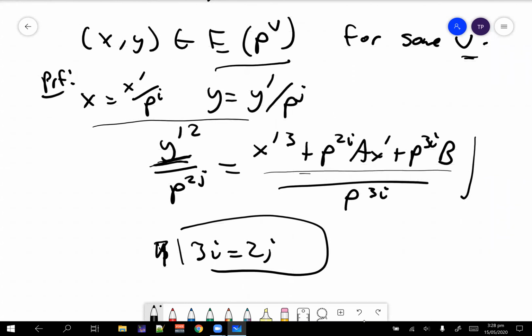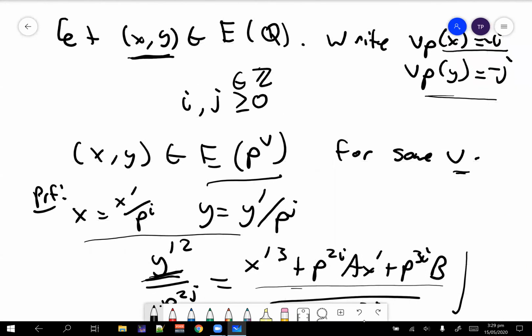So this lemma shows that a point with non-integer coordinates exists in one of these objects. Later on, we want to show that these are actually subgroups, and that's basically the bulk of the proof, showing that this set E of p to the v is a subgroup of E of Q, the rational points over the elliptic curve.